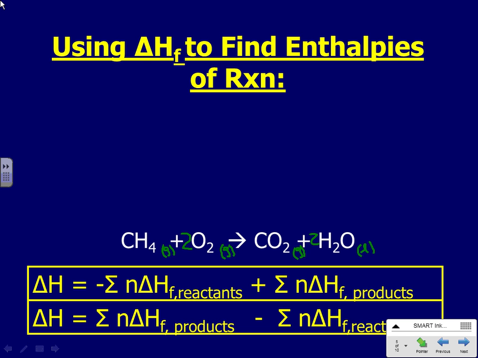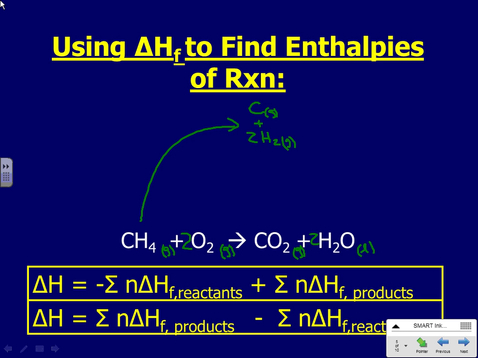If we knew the bond energies, we could draw the picture, we could count up all the bonds, that's great. We want to use the heats of formation this time though. So what I need you to imagine that's happening here is, I need you to think of a chemical reaction that's going to take this CH4 and break it into its C solid and into 2 H2 gases.